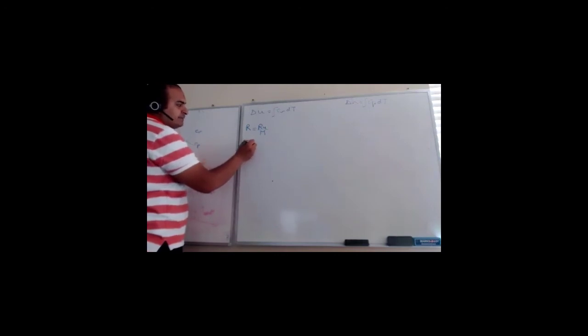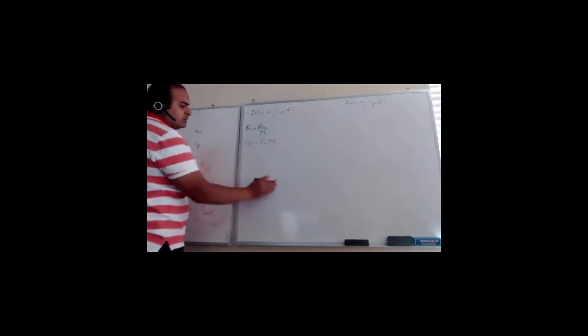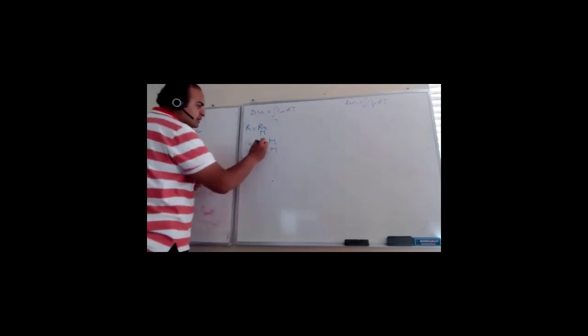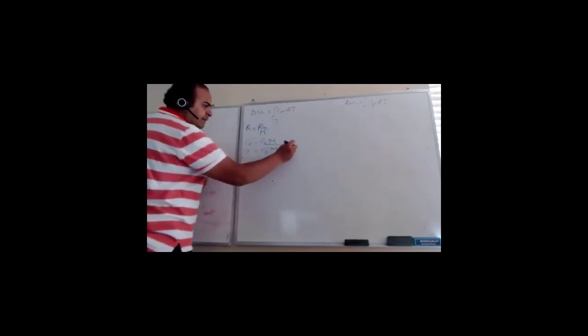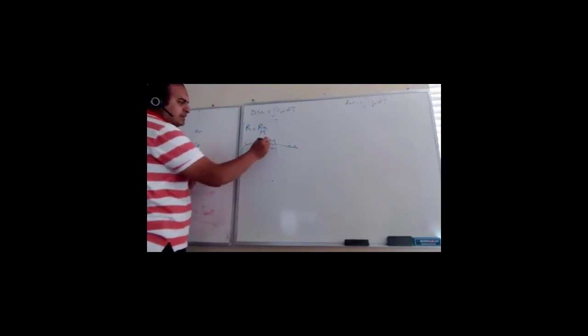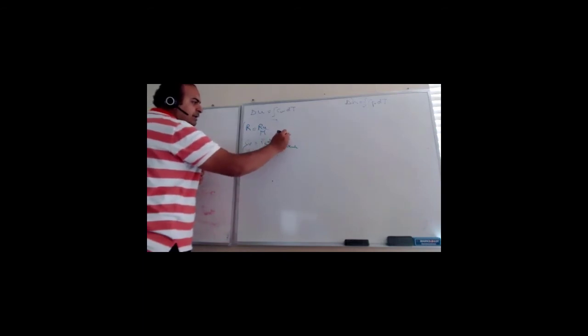Cv equals Cv bar divided by the molecular weight, and Cp equals Cp bar divided by the molecular weight. This is our formula. Here this is per unit kilomole, and this is per unit kilogram.